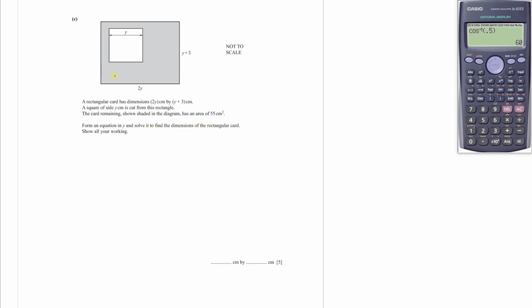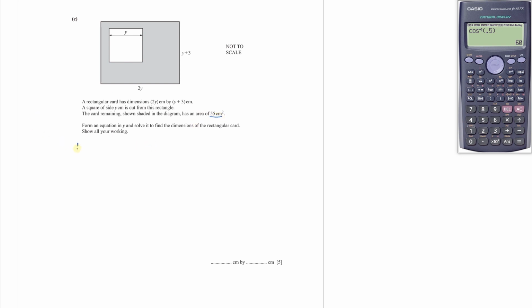Show all your working. So we have to form an equation in y. We are given the area of the shaded region. So area of this shaded region will be area of the rectangular card, and then area of this square subtracted from the area of this rectangular card, and that should give us, we can equate it to 55 centimeter square.